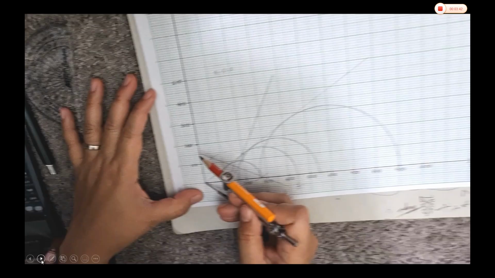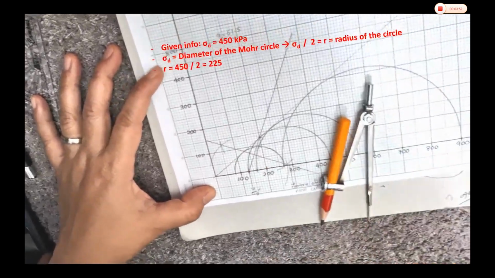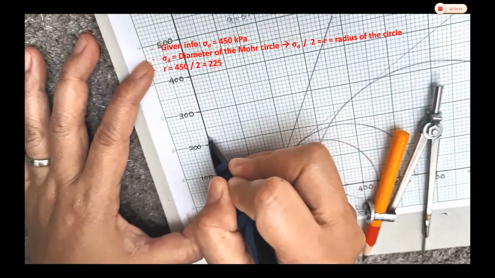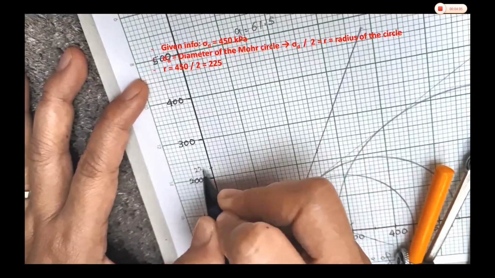Now let's look at how we practically draw another new Mohr circle on the effective stress graph. As mentioned earlier, sigma D given in the question is 450. That is the diameter. Divided by 2, you will have radius 225.